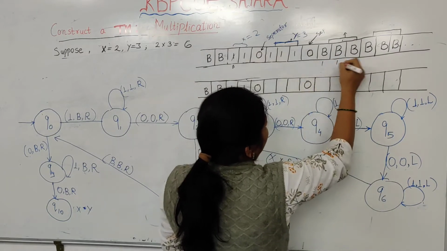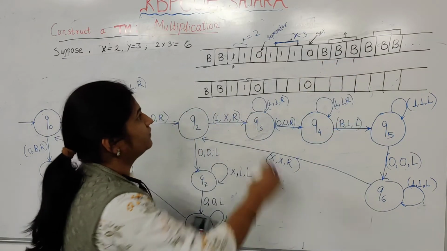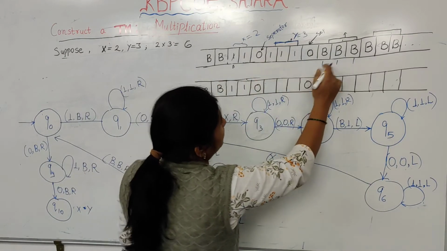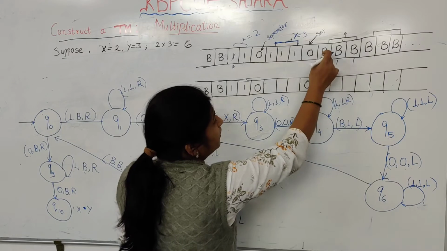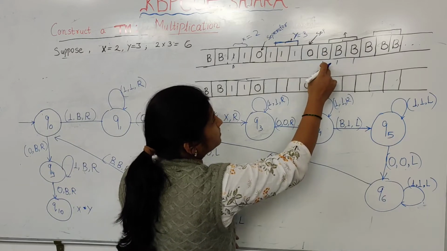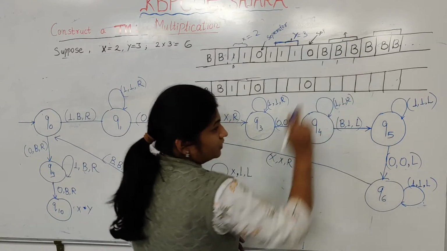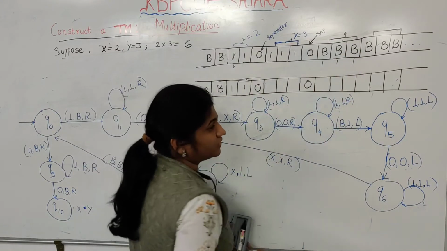We have to scan this string, read it, perform the right operation, and convert this b into 1, and this b also into 1. Once we encounter a b, we convert it into 1. This is the first procedure.